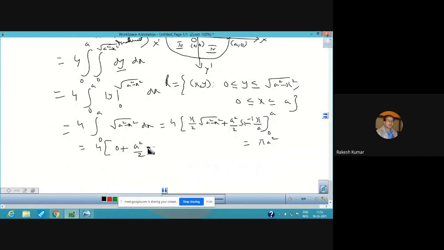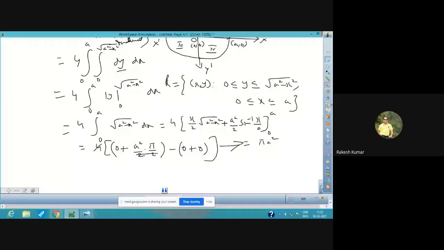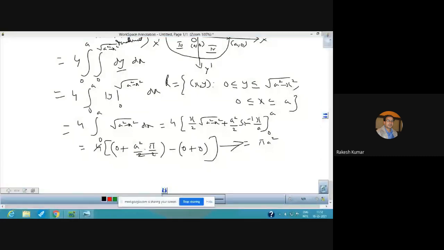That is sine inverse 1, and sine inverse 1 is pi by 2. And for the lower limit 0, this will give you 0 into this 0, and sine inverse 0 will also give you 0. So 2 into 4 is cancelled. So you can get this area pi a square. You just see, very easily we have been able to find out the area of the circle with the help of a double integration.